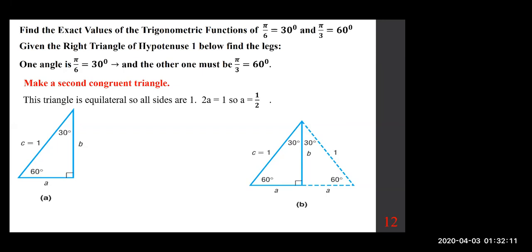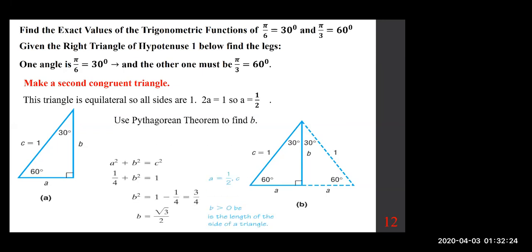And B we can calculate using the Pythagorean theorem. A squared plus B squared equals C squared. And we end up with B side being square root of 3 over 2.